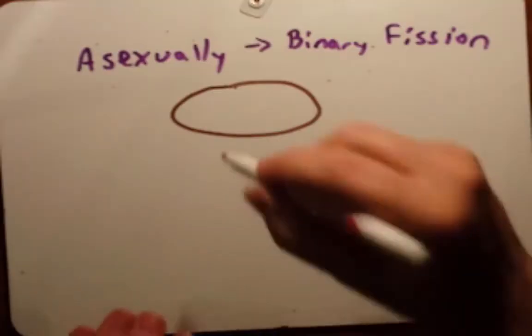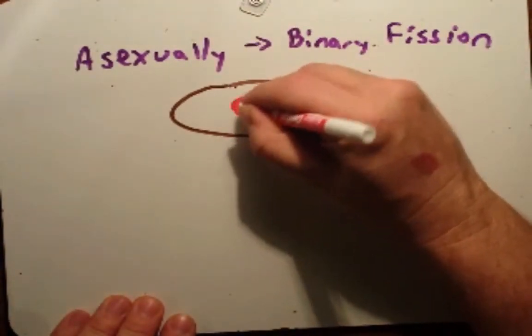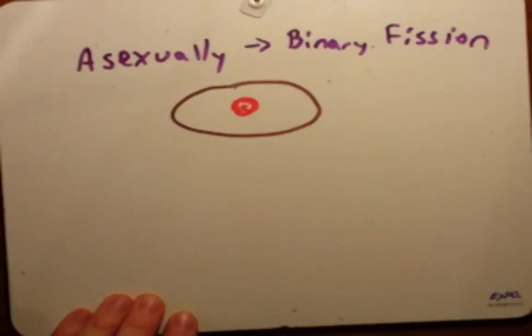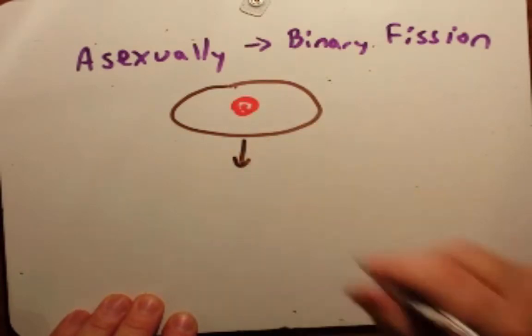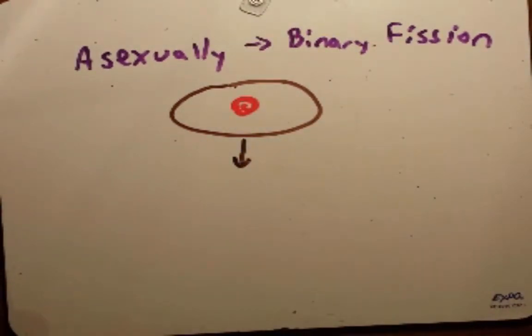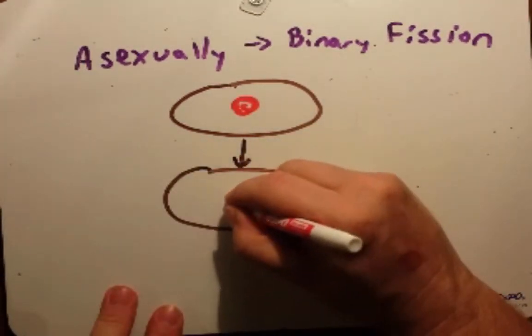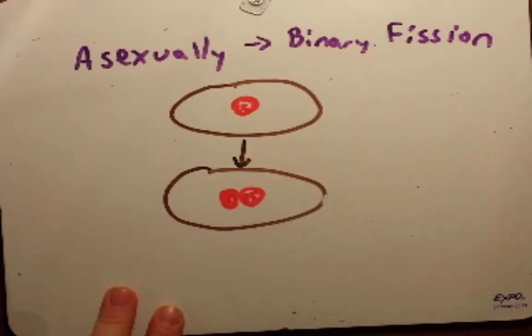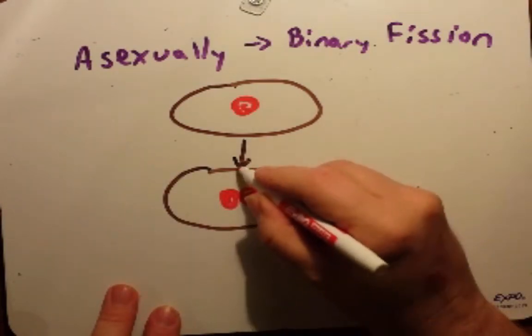But you may have your E. coli cell here, and you have the DNA here, the circular chromosomes here. They will have their DNA undergo replication just like we learned about before. You will double the size of the chromosomes, so you end up with 2 copies. And then the cell begins to divide.